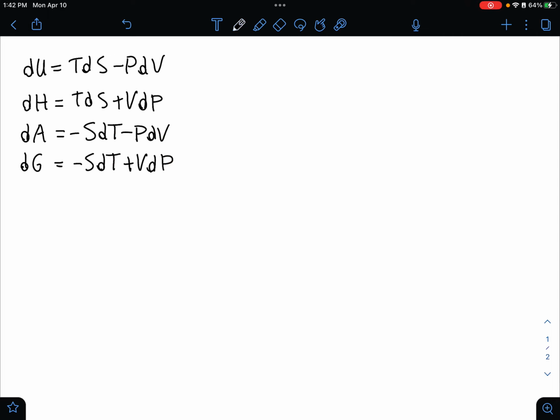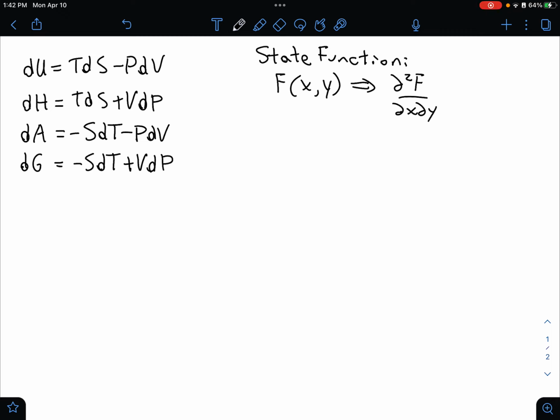Maxwell relations come from the fact that these are state functions. So if I have a state function f of x and y, then the following is true. The second derivative with respect to x and y is equal to the second derivative with respect to y and x.